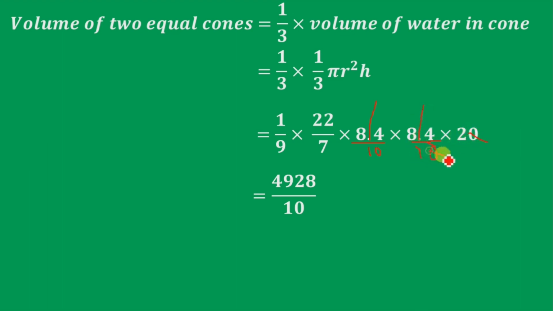This 100 gets cancelled. 7 1s are 7. 2 is 40, 3 is 9, 4 is 12, this 3 1 is 3, 3 2 is 6, 3 8 is 24.